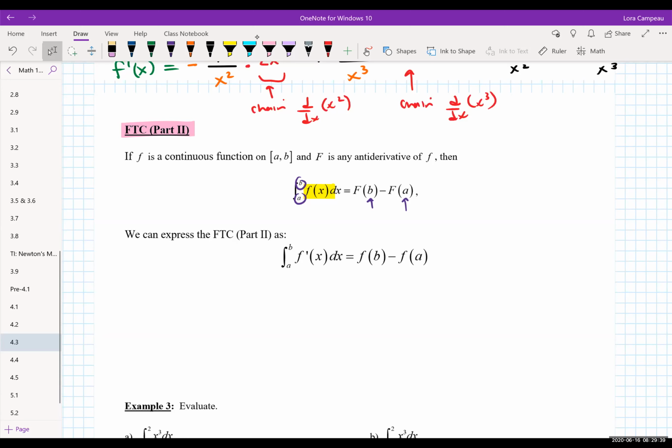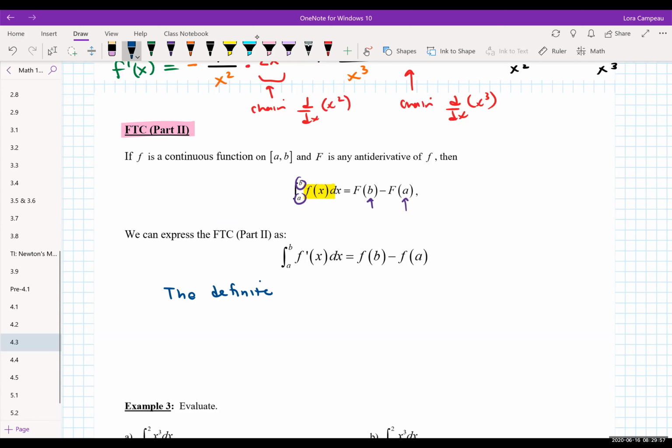So just another version, if you want to look at the fundamental theorem of calculus part 2, it gives you an idea. Looking at the left-hand side, this is like saying the definite integral. Remember, definite just means that they gave you upper and lower limits of integration.